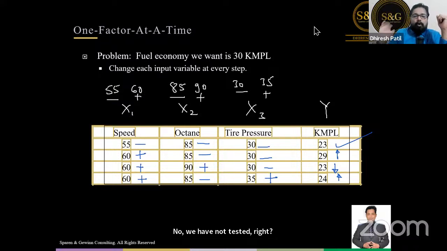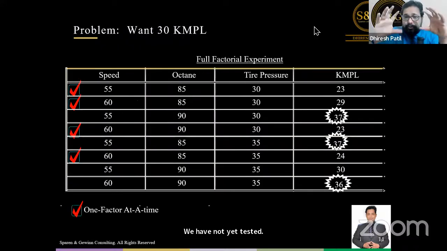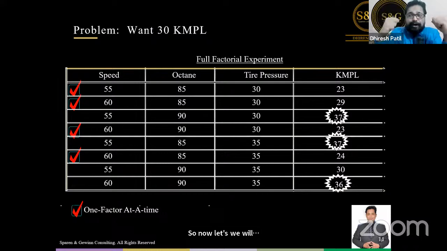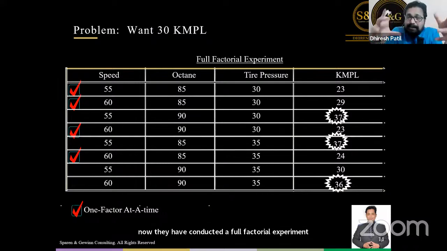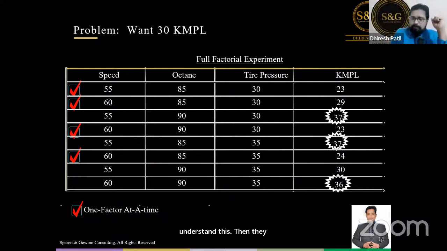So now they have conducted a full factorial experiment. Understand this. They conducted the full factorial experiment and they found that, look at this, they are reaching up to 37 kilometers per liter, 37 kilometers, 36 kilometers.